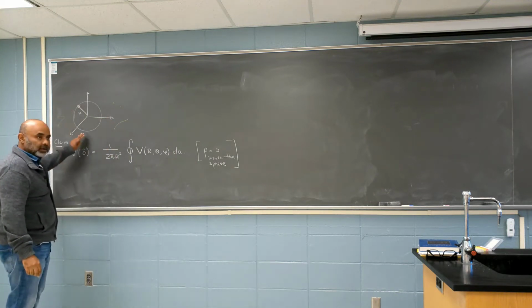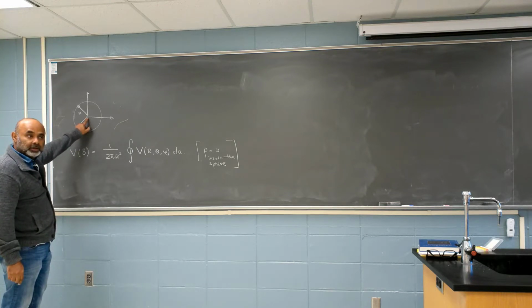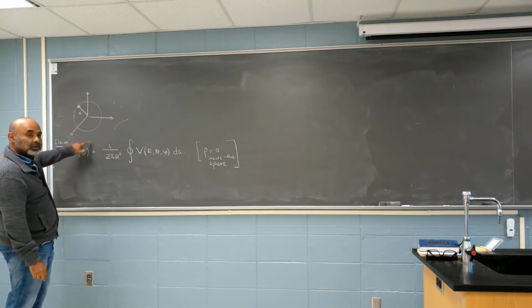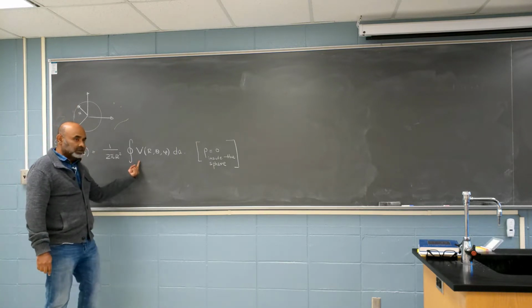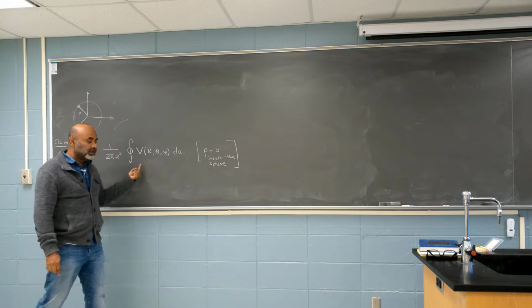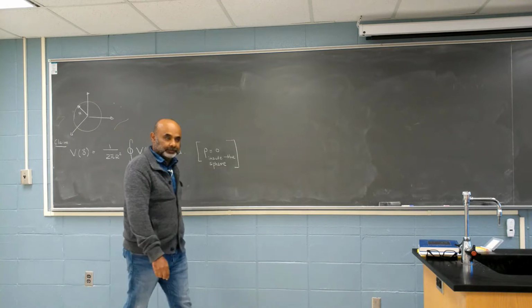Or in this area it is vacuum. Then it says the potential here is the average of the potential on the sphere. You integrate the potential on the sphere and divide by the area of the sphere. That's what we mean by average.